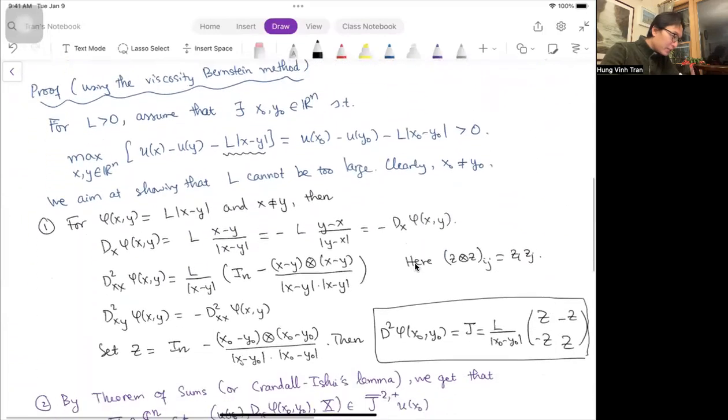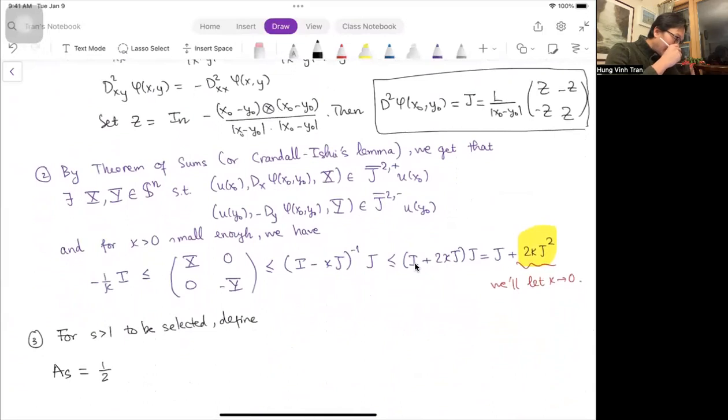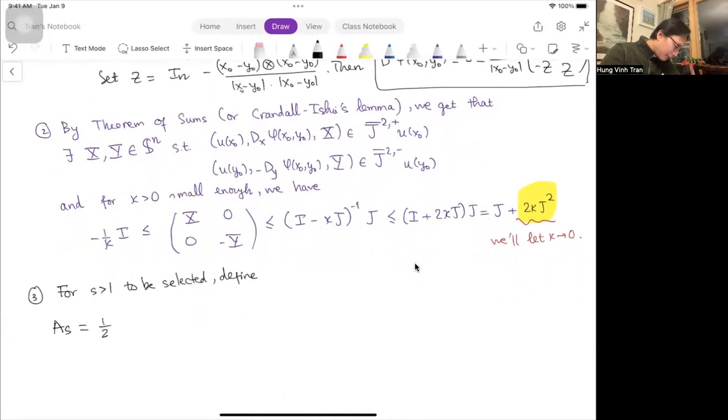I might mess up the transpose and the sigma, but I think it should be okay.